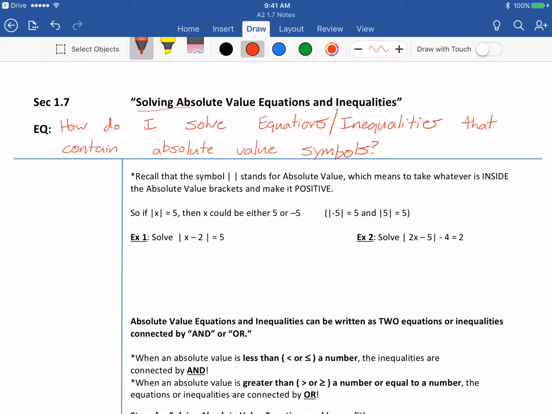Alright, so that's what we're looking at today. We're looking at these equations and inequalities that deal with these absolute value symbols.